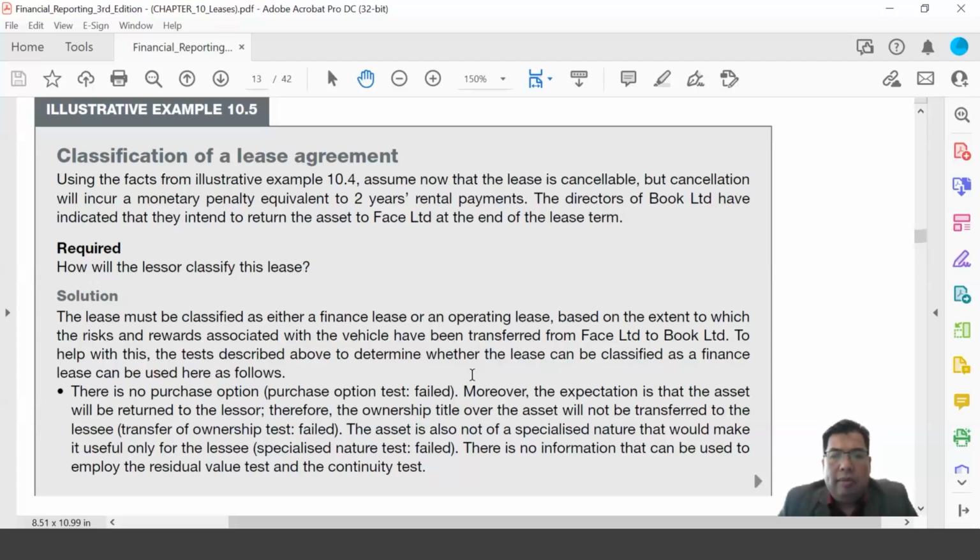Book Limited does not have an option to buy the asset. So the purchase option test failed. That's number one. And it's expected that the asset will be returned to the lessor. Book must return the asset to Phase Limited at the end of the lease contract.